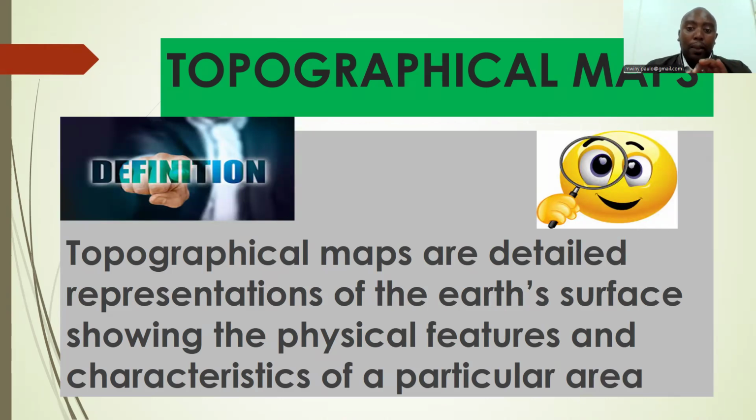A topographical map is a detailed, underline the word detailed, representation of the Earth's surface, showing the physical features and the characteristics of a particular area. That's the definition of a topographical map.